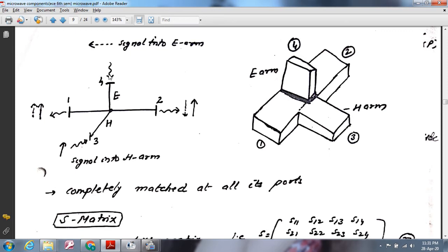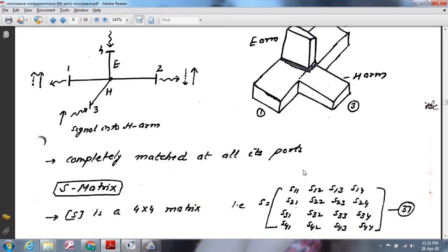If we do not consider this port number 4, then this component 1, 2, 3 will act as a simple H plane T. And if I neglect the third port, then the remaining combination 1, 2 and this 4 will act simply as an E plane T. So we say this is the H arm and this is the E arm.